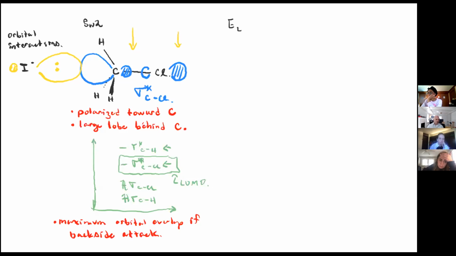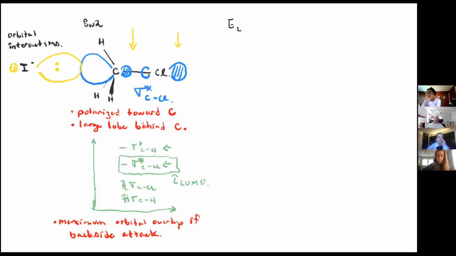Did I show you guys the Klopman-Salem equation way back at the beginning of class? No? Okay. Well, anyway, there's a useful equation that comes out of quantum mechanics, and I'll give it to you on Wednesday just for fun. The Klopman-Salem equation basically tells us that the strength of a bonding interaction depends on two things.